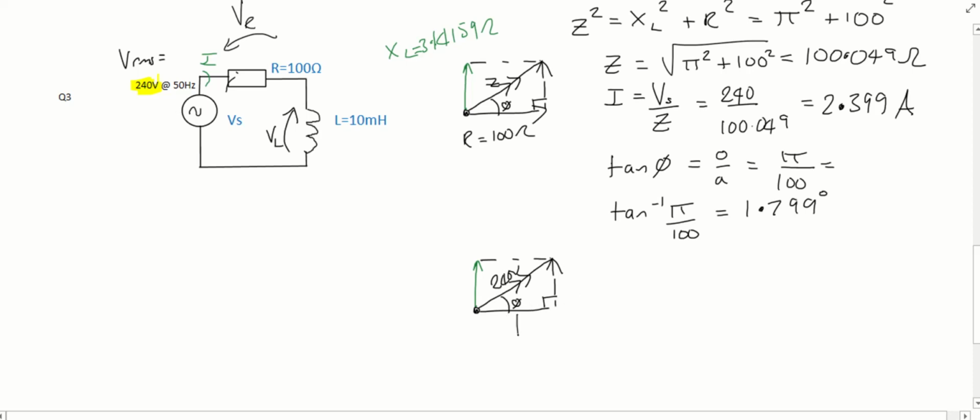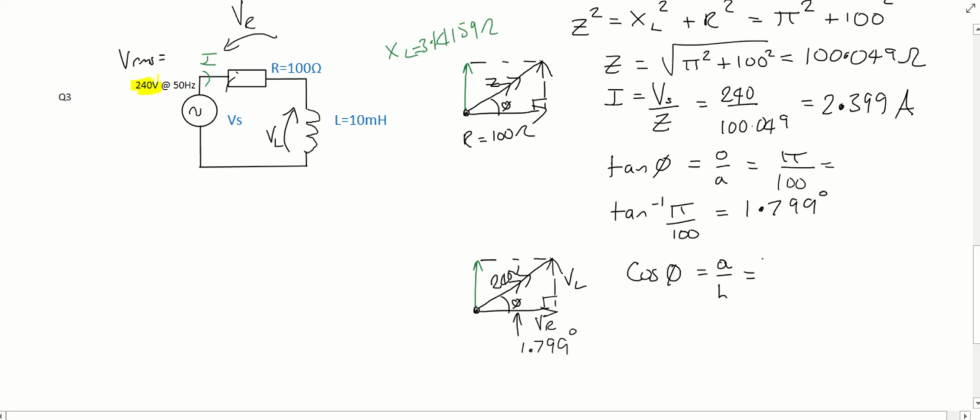The phase angle here we just calculated is 1.799 degrees. So we can find out, using trigonometry again, VR here, and this is VL. So let's do cos.